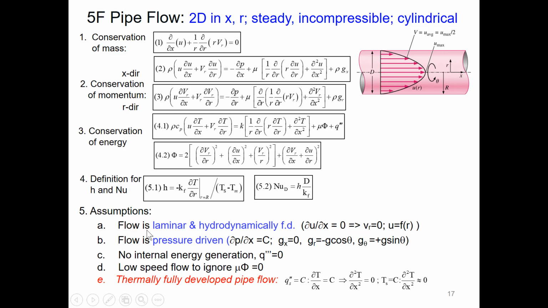We have basic assumptions. Flow is laminar and hydrodynamically fully developed. Flow is pressure driven, no internal energy generation, low speed flow to ignore the viscous dissipation, and thermally fully developed flow with temperature gradient constant, or the second derivative close to 0.